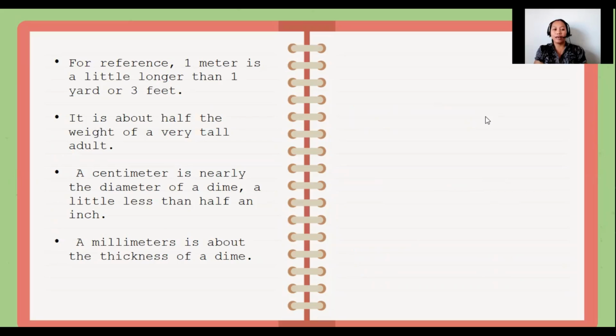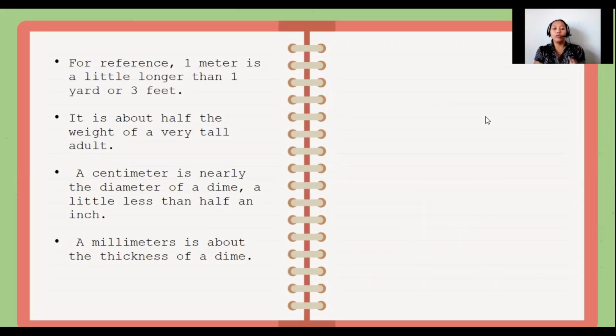It is about half of the height of a very tall adult. A centimeter is nearly the diameter of a dime, or a little less than half an inch. Just imagine the diameter of a coin. That is a centimeter. And a millimeter is about the thickness of a dime. So it is also about the thickness of a coin, that is millimeter.